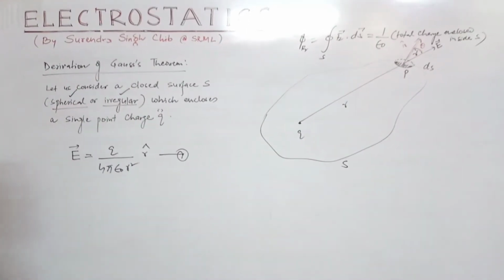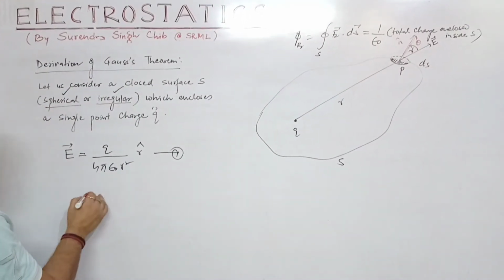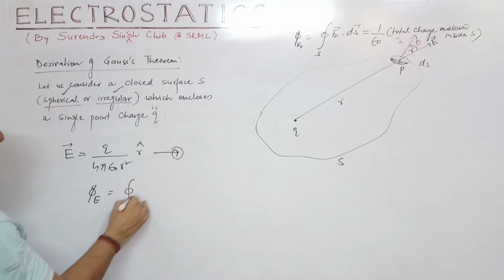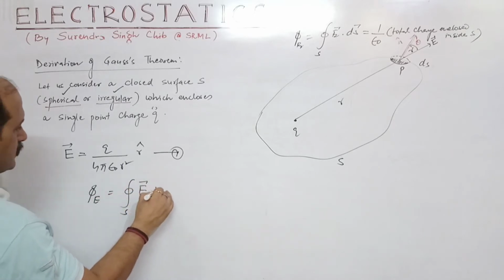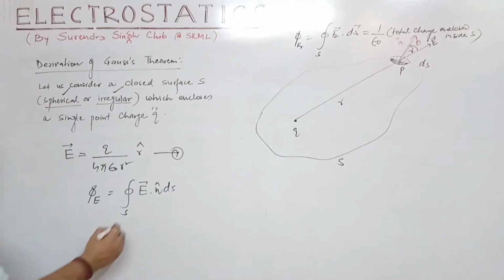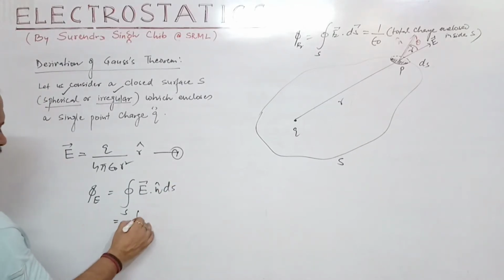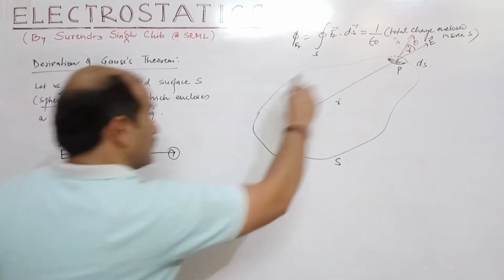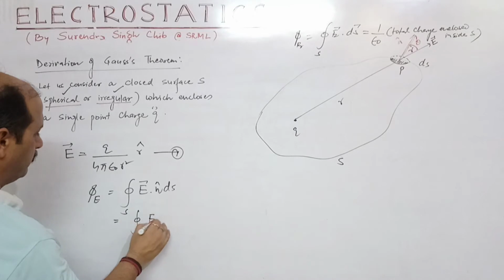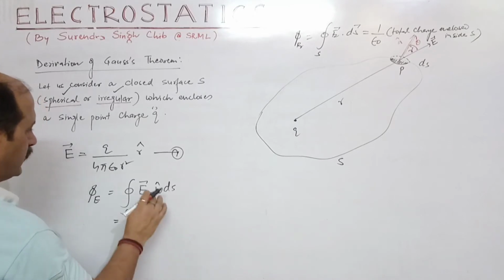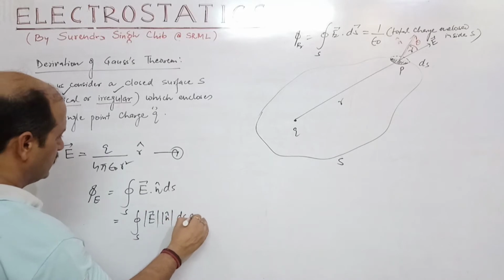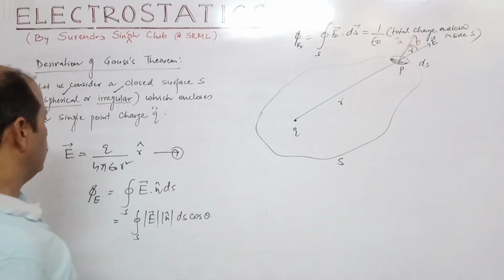So let's find the flux. What is flux? Flux equals the surface integral of electric field E dot n cap ds. Surface integral closed. See, surface is closed. This closed surface integral, mod of E; mod of n cap is 1; ds cos theta.